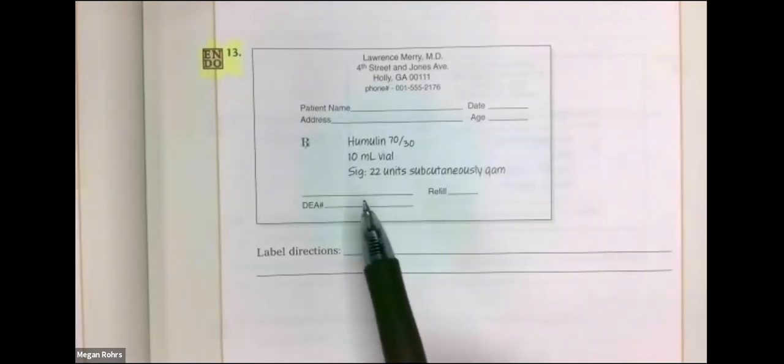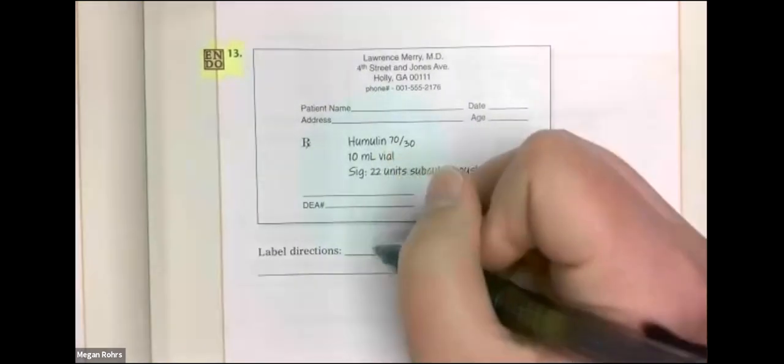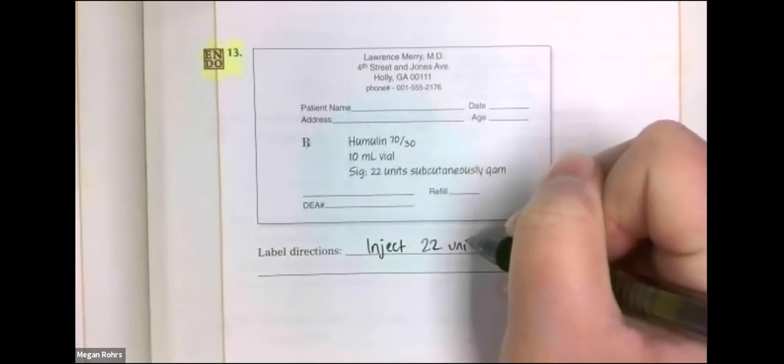It would be better for us to say inject. So we always want to make sure that the verb that we're using matches whatever drug it is that we are dispensing. So in this case, we would say inject 22 units subcutaneously every morning.